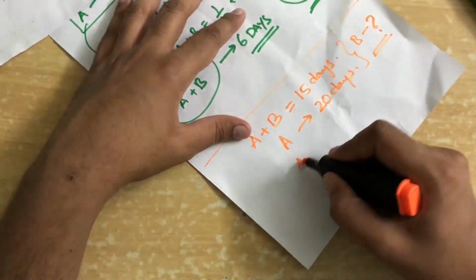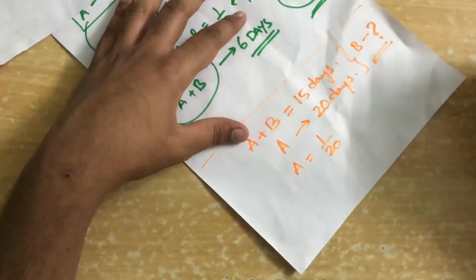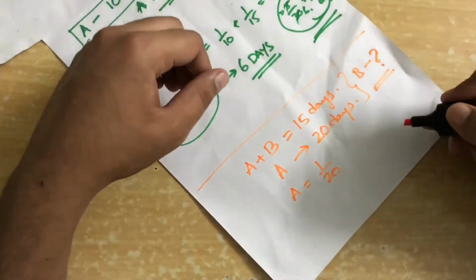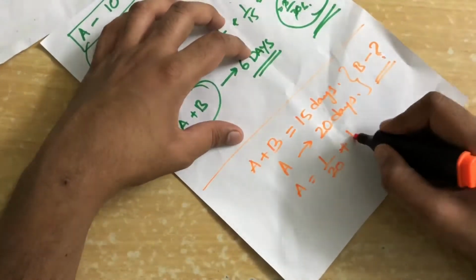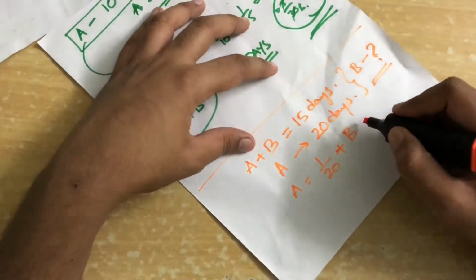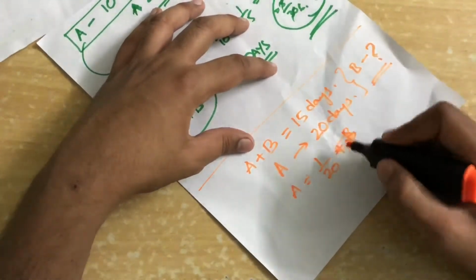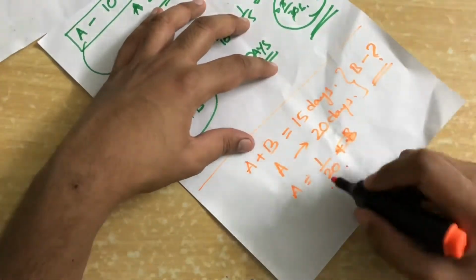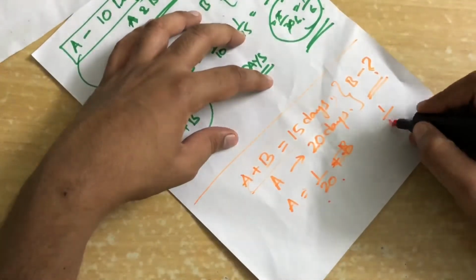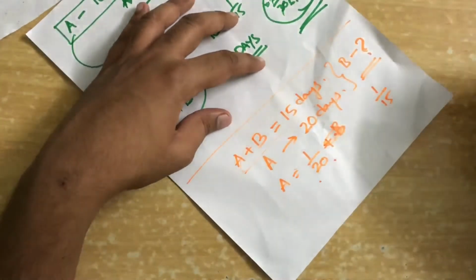So here A is doing 1 by 20th of the work each single day, and we don't know how much B is doing, right? So let's just put B as B, shall we? Let's not complicate things. So A is doing 1 by 20th of the work each single day. So A and B together can complete 1 by 15th of the work each single day.